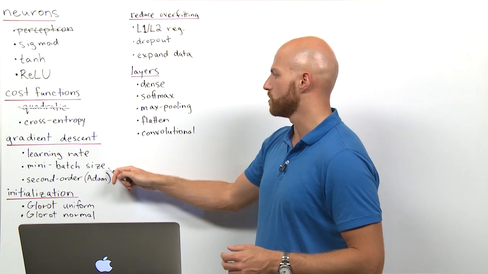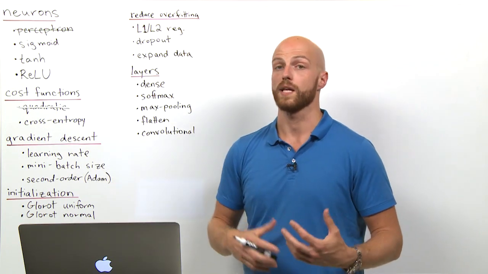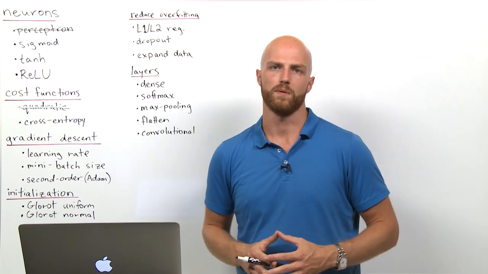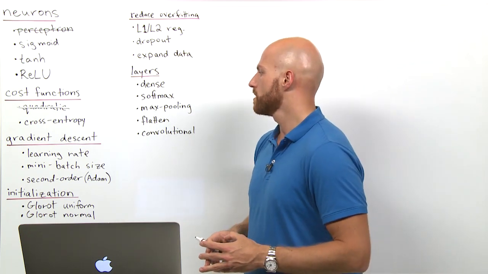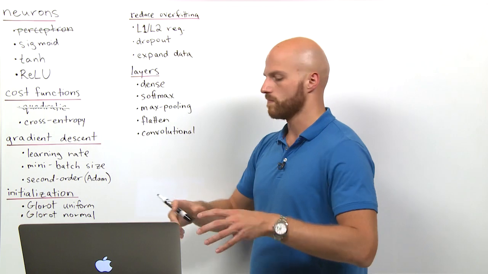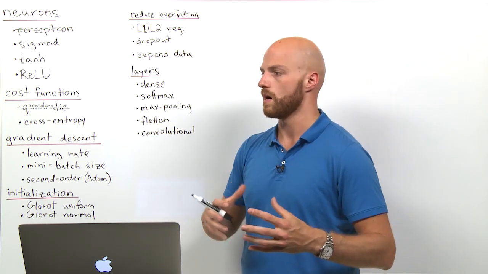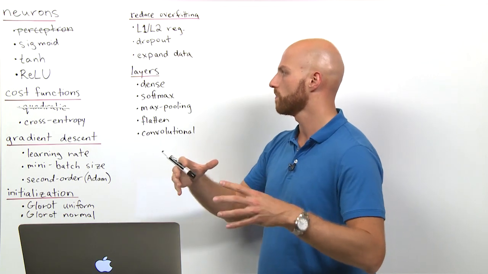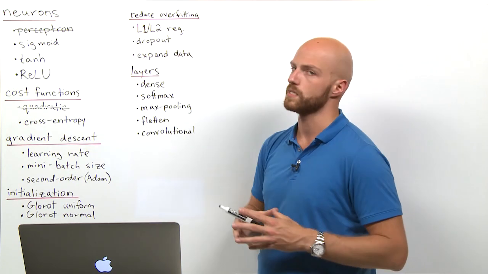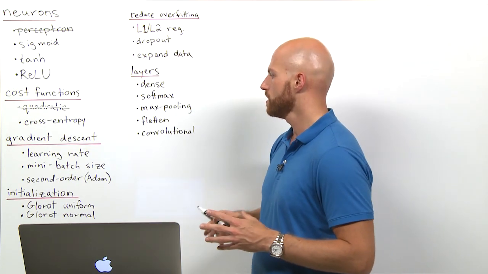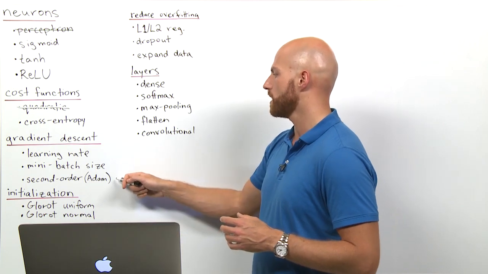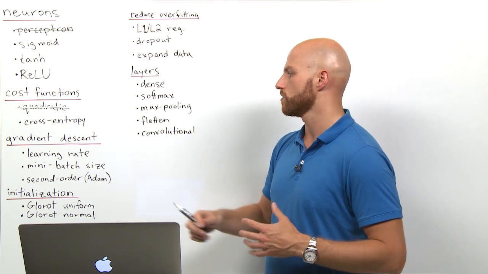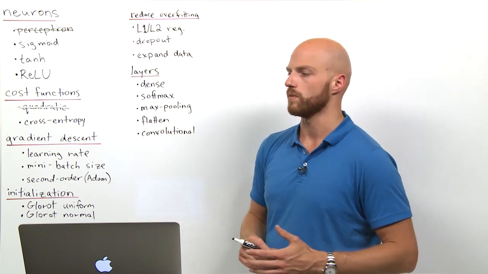We also need to take into account our mini batch size, so that's a hyperparameter that we will be considering in all the networks that we build in these live lessons. Simply the number of samples that we're considering in any given cost function or gradient descent calculation. And we will also be taking advantage of second order gradient descent optimizers, particularly Adam, in these live lessons.